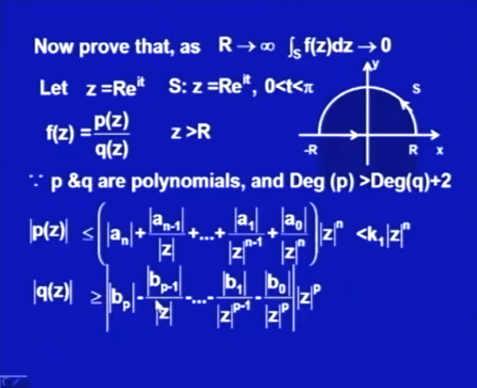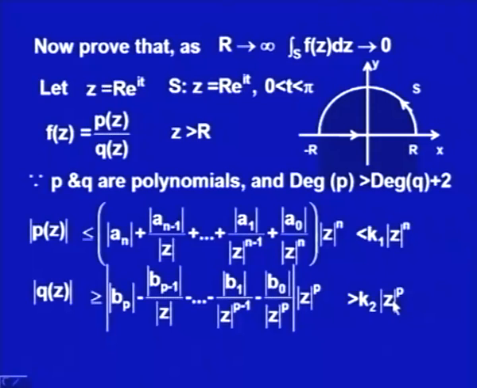Here r is some finite and large number, so all these bounds would certainly be some small number. We are subtracting them and taking the absolute value, so this complete absolute value should be bounded below by some constant k2. So we write this as greater than k2 times |z|^p.